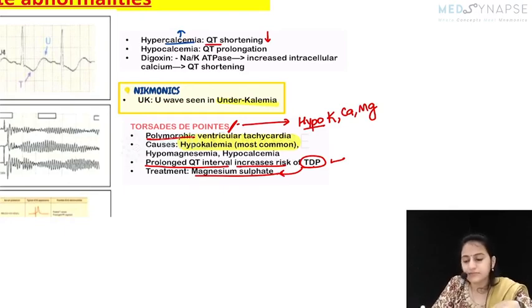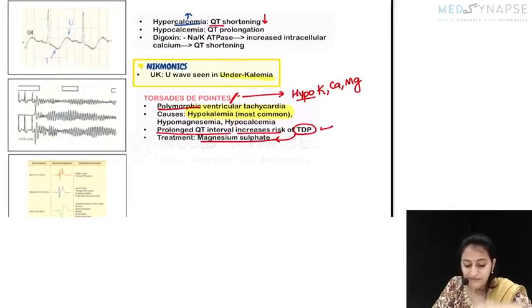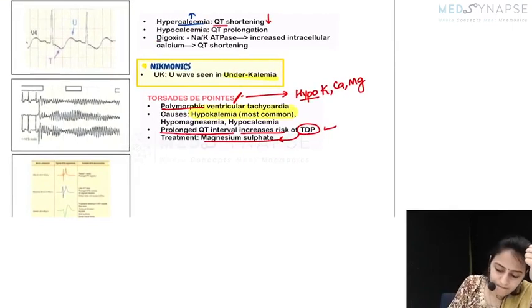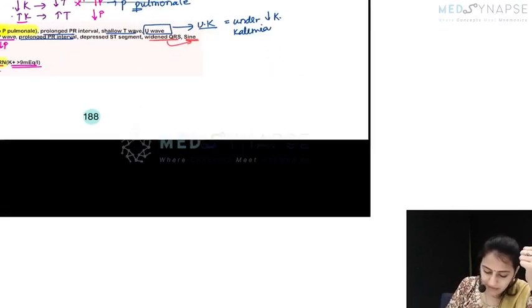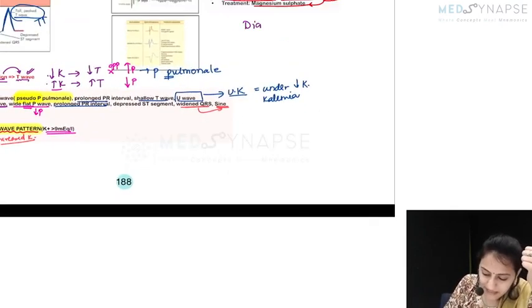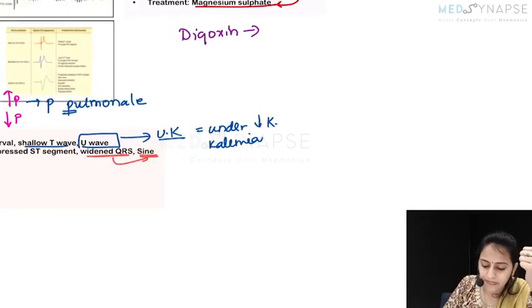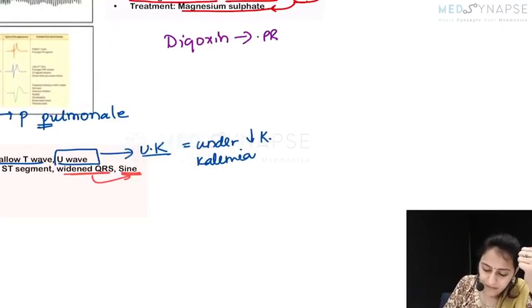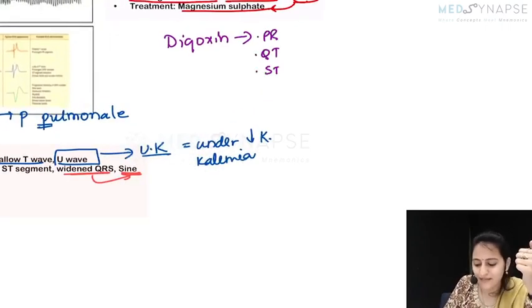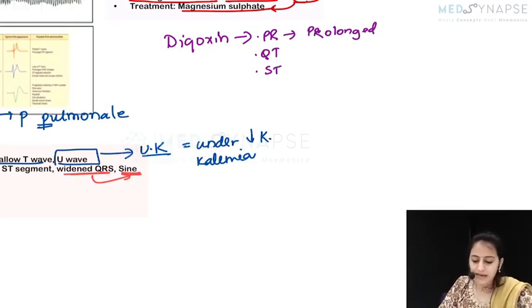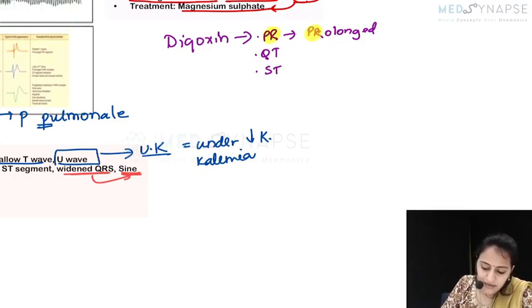With digoxin, what are the various ECG findings with digoxin? On the PR, on the QT, and on the ST. PR is prolonged. So remember that with digoxin, the PR is prolonged.